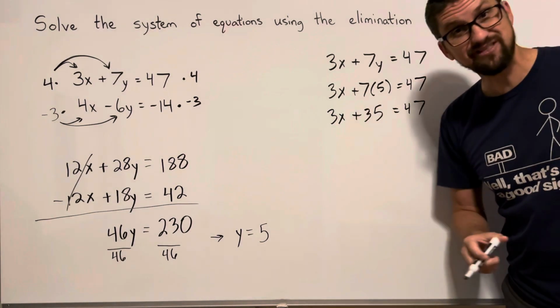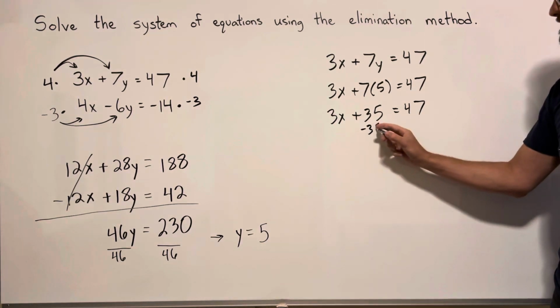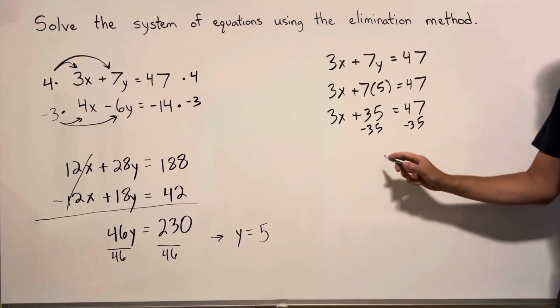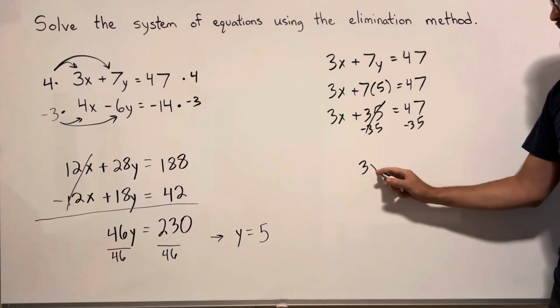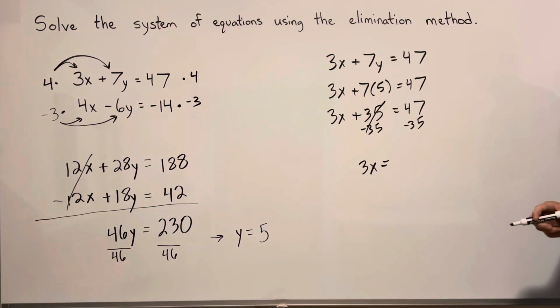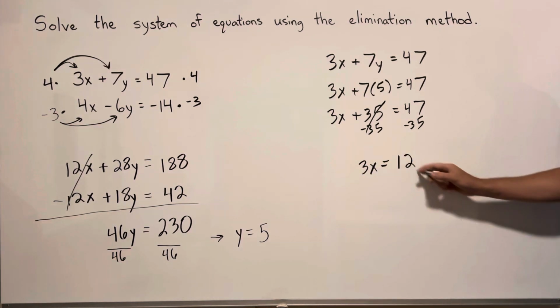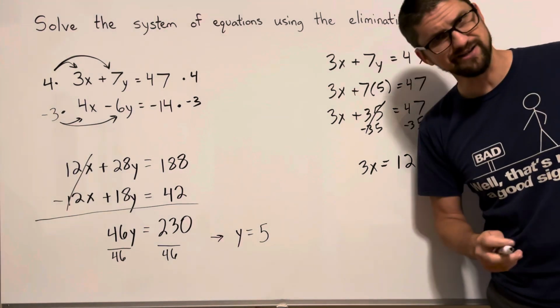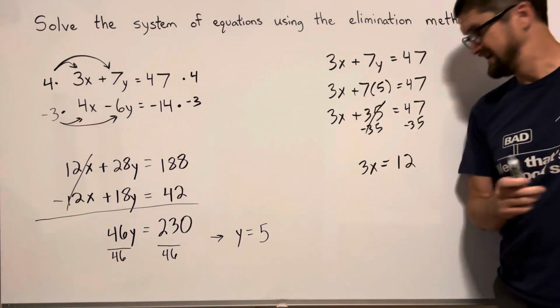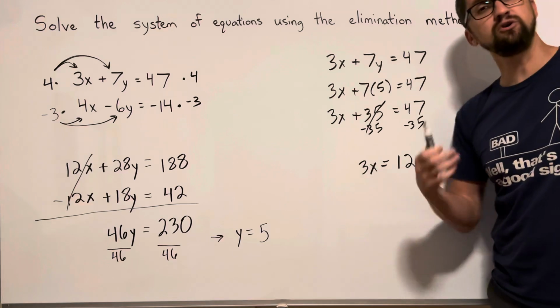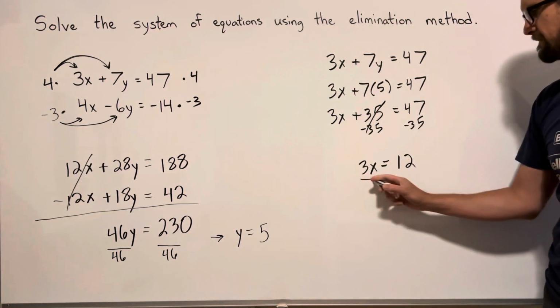Now you can subtract 35 on both sides. You'll end up with 3x equals 12. 47 minus 35 will give you 12. And now to get rid of the multiply by 3, you're going to divide both sides by 3.